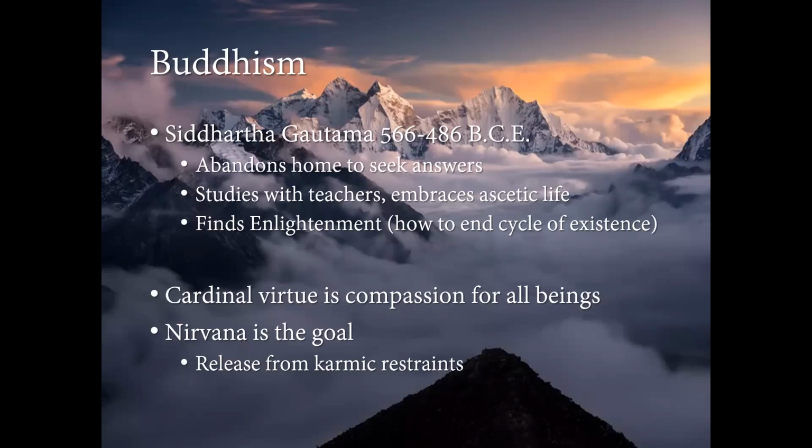He pledged himself to achieving this for other people, and so he goes around teaching this. The cardinal virtue of Buddhism is compassion for all beings. The goal is nirvana, again similar to Jainism, release from these karmic restraints, release from the endless cycle of action and reaction in people's lives.